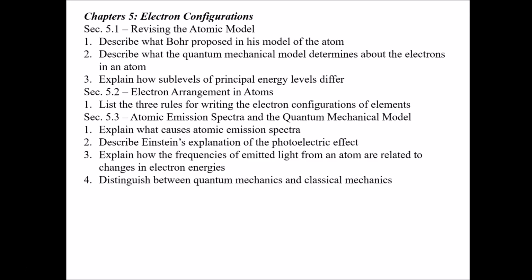We're going to talk about electron configurations. That's going to be a big part of this chapter, right? Even though there's only one objective here, that's a big part of this chapter. And then we're also going to talk about what's the relationship between electrons and light waves, right? We're going to get into just at least some of that in this chapter.